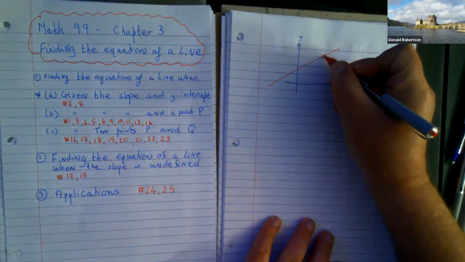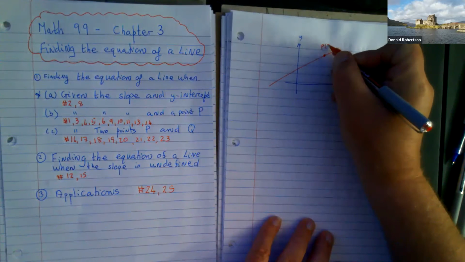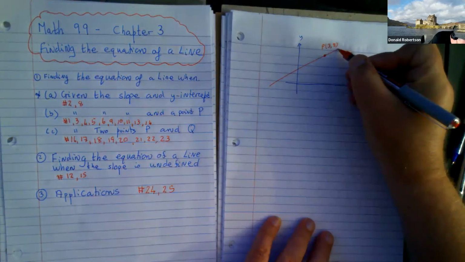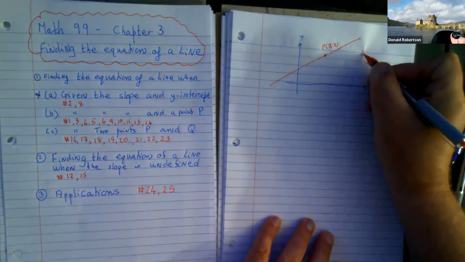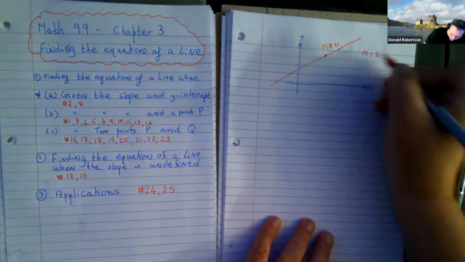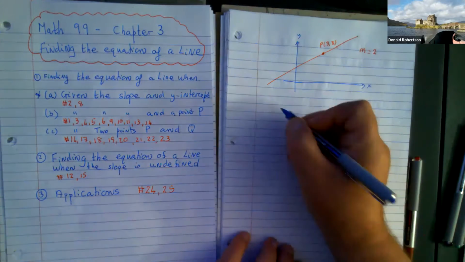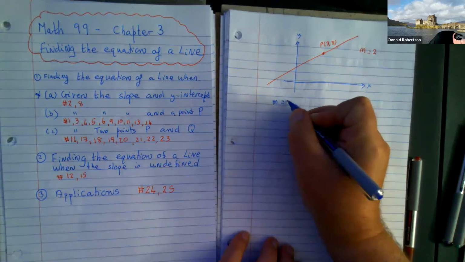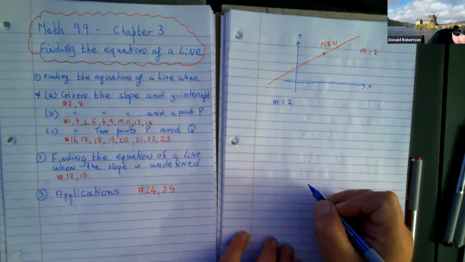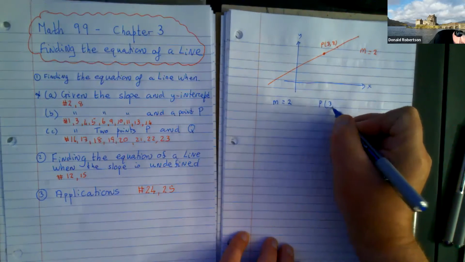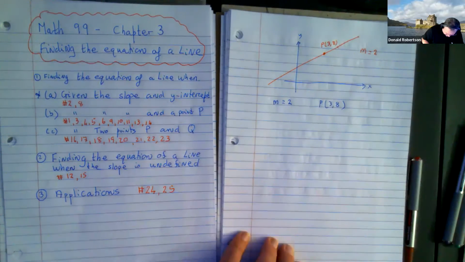You're told that this point here has coordinates 3, 8, and that the slope is 2. That's a pretty standard question. You'll be given: find the equation of a line where m equals 2, the slope is 2, and it passes through a point, in this case, 3, 8.